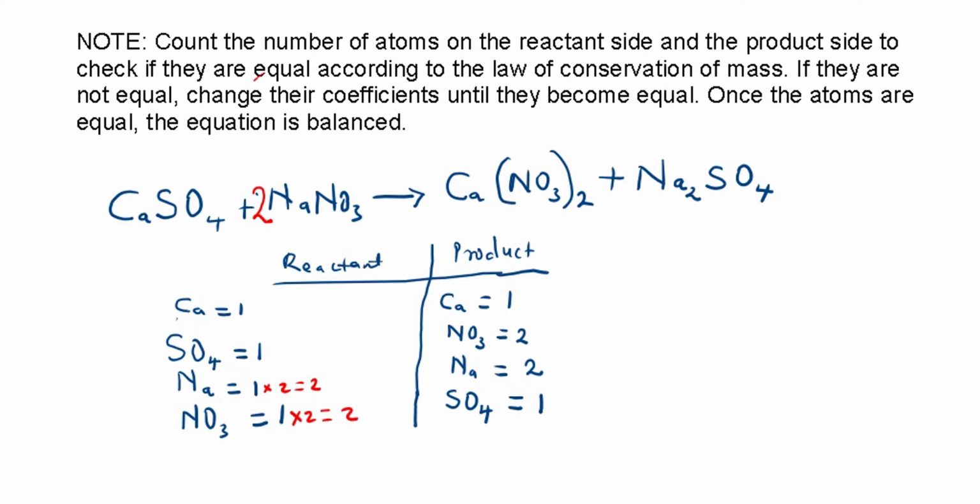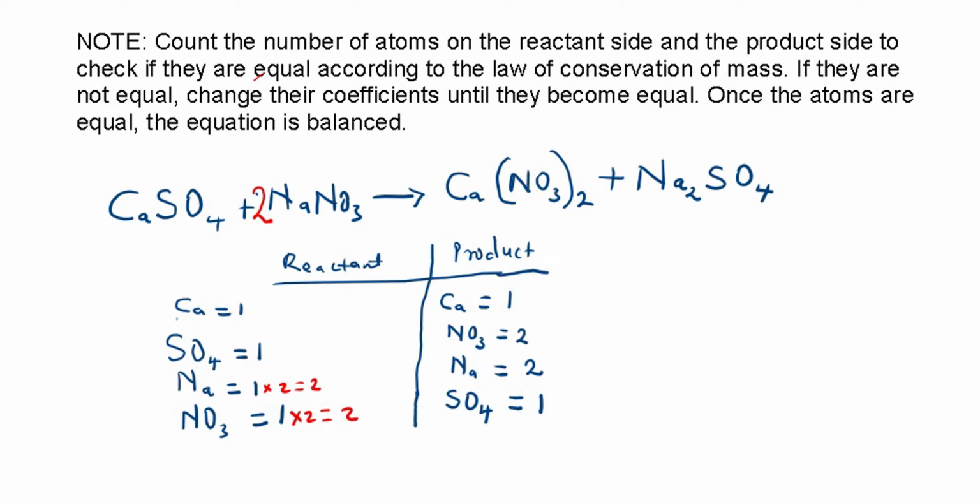Ca is 1 here, and Ca is 1 here. We are considering the reactant side and the product side. In the reactant side, Ca is 1. Product side, Ca is 1. Reactant side, SO4 is 1. Product side, SO4 is 1. Balanced.